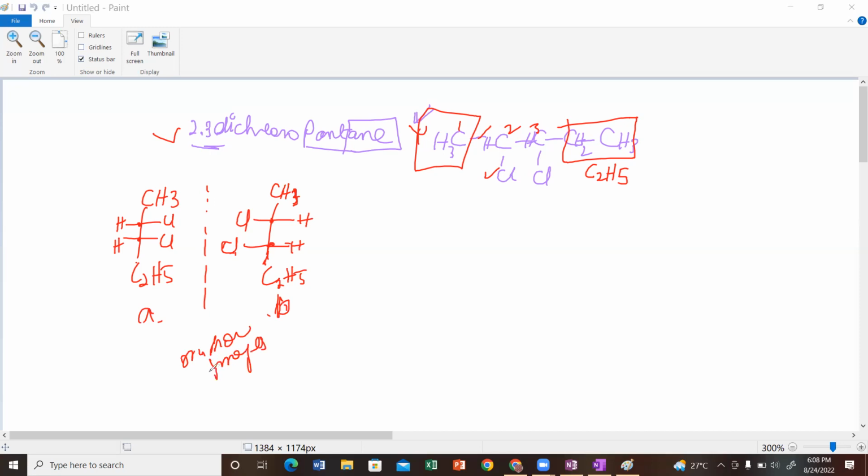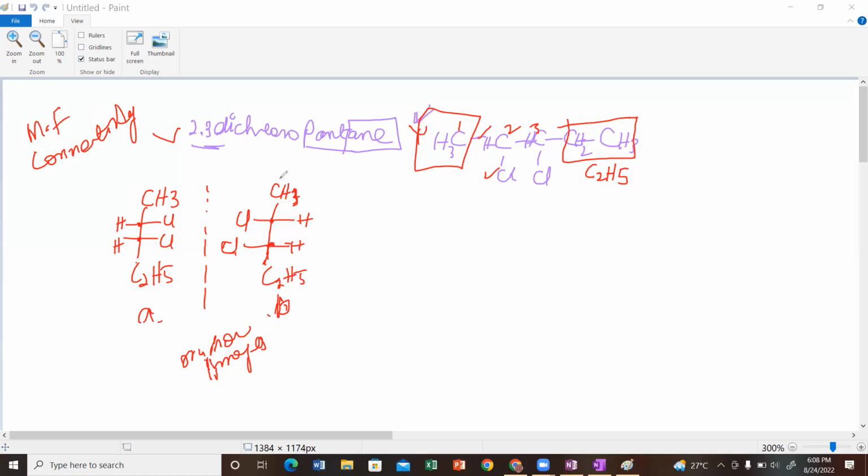These are mirror images. So those compounds which have same molecular formula, same connectivity, we can see on carbon number 1 there are 3 hydrogen, on carbon number 2 there is hydrogen and chlorine, carbon number 3 hydrogen and chlorine, and the last carbon we have C2H5.